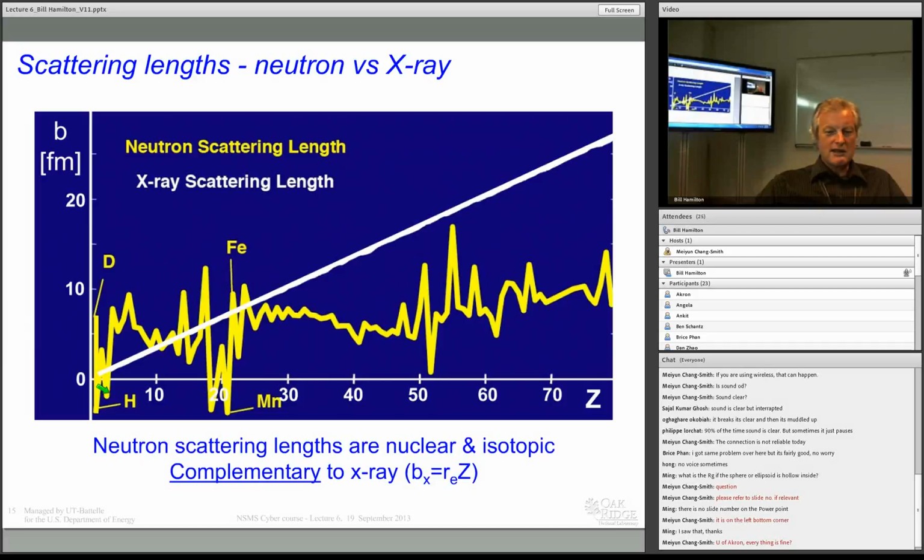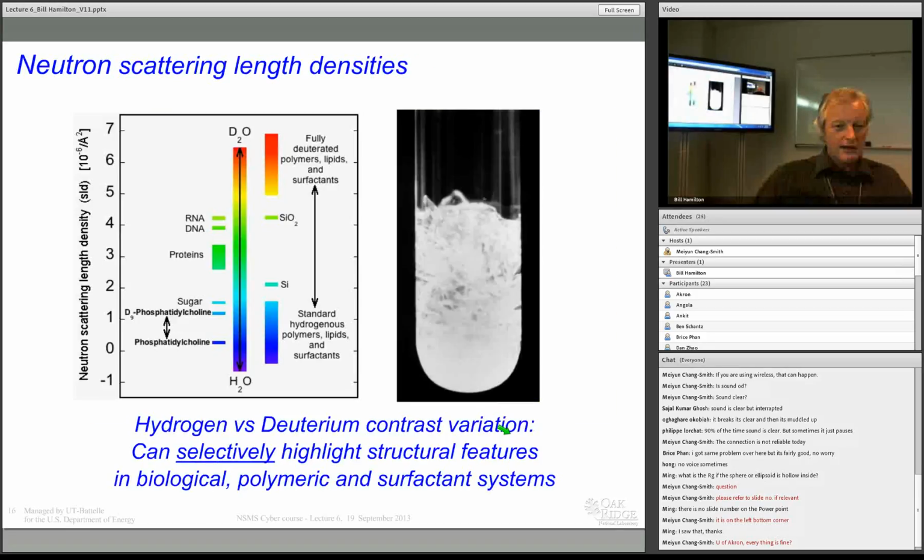The other thing about the scattering length for neutrons is that it is isotopic. We get to play games. By changing the isotope we're using, we can leave the chemistry more or less unaltered, but we can dramatically change the neutron contrast we're seeing.